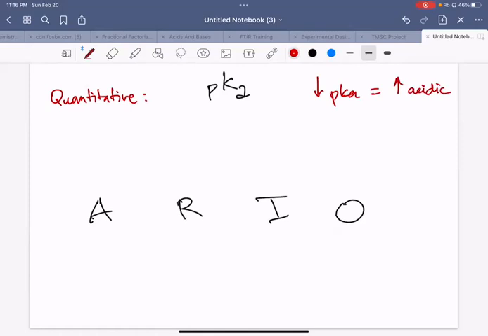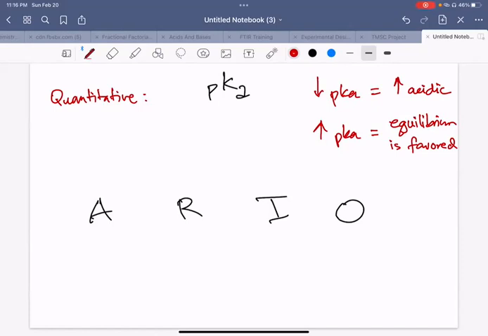The higher the pKa, the more the equilibrium will be favored towards the compound with higher pKa, because it's the weaker acid. That's the concept of pKa, and it's quantitative. It's very easy; you just have to search the internet.